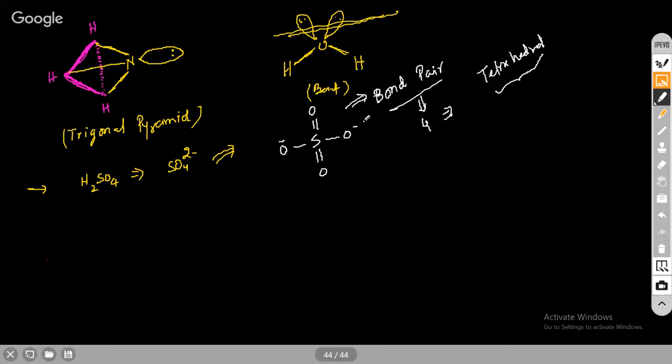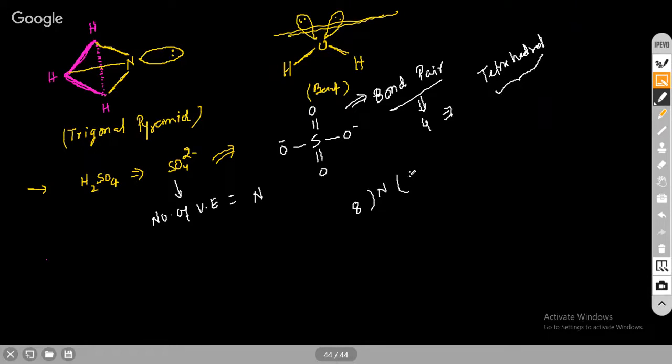Because structures are difficult to memorize, another and easier way to find out the geometry and shape of any molecule is to find the number of valence electrons. Suppose it is n. Now this n should be divided by 8.